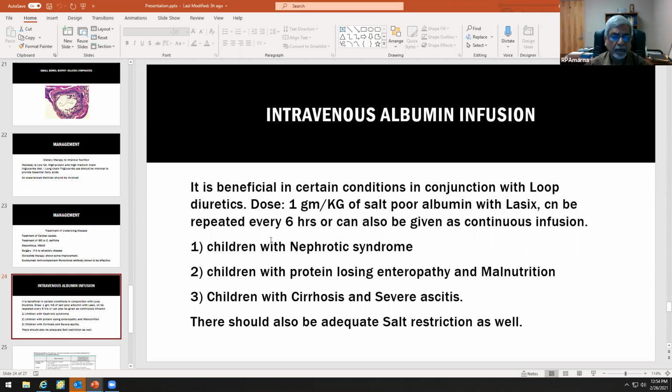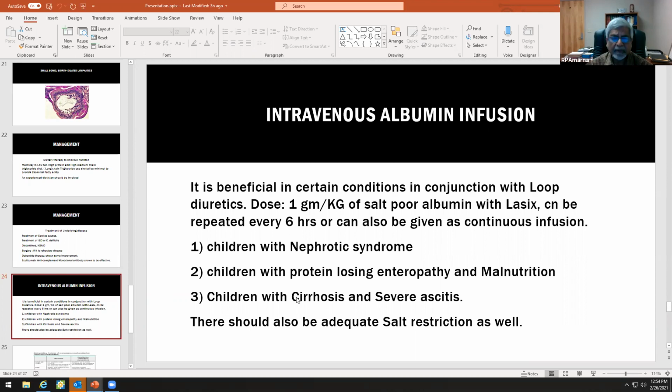So it's especially useful in children with nephrotic syndrome or children with cirrhosis and severe ascites. In children with protein-losing enteropathy and malnutrition, it's only temporizing. But there you probably want to concentrate more on your diet and management of that rather than anything else.